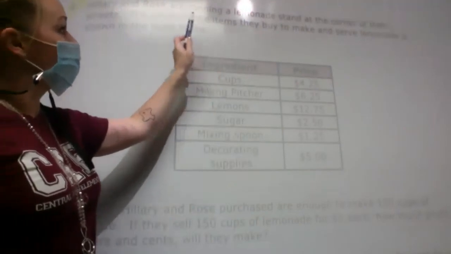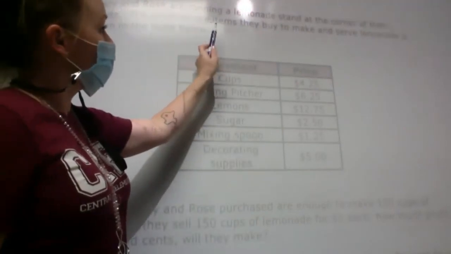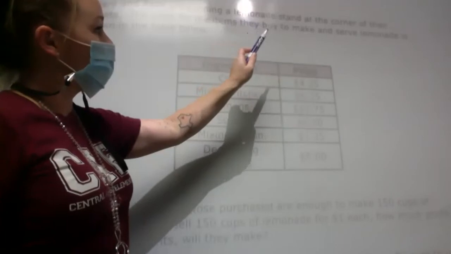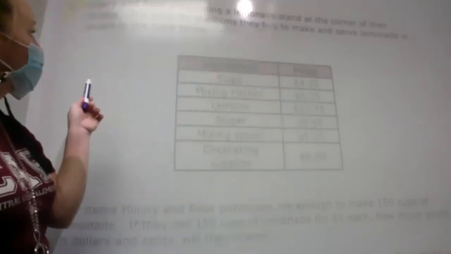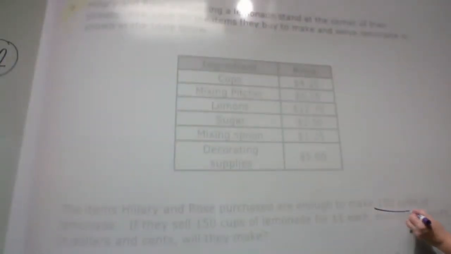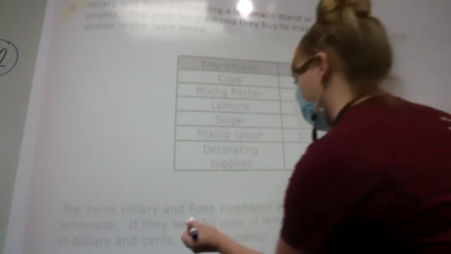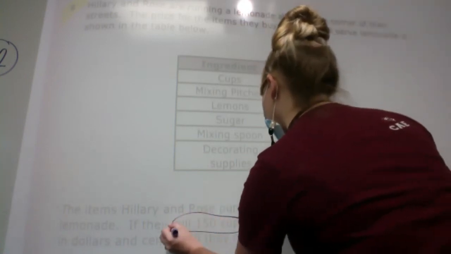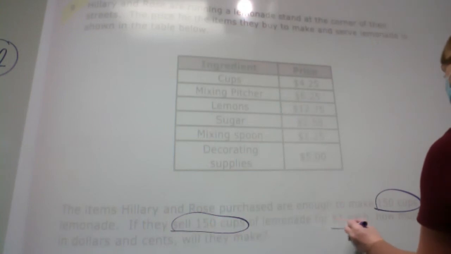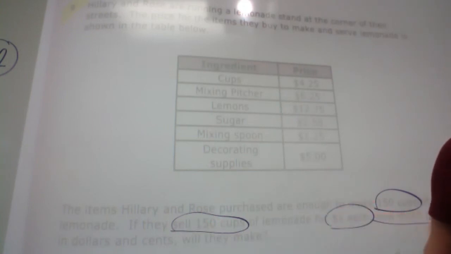The price for the items they buy to make and serve lemonade is shown in the table below. The items Billy and Rose purchased are enough to make 150 cups of lemonade. If they sell 150 cups of lemonade for $1 each, how much profit in dollars and cents will they make?